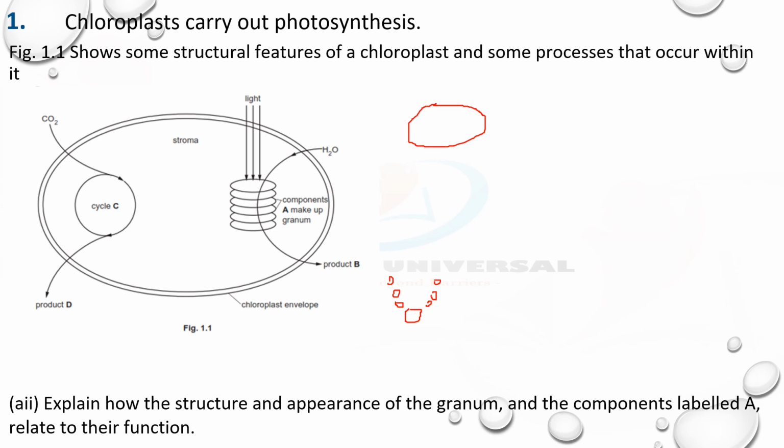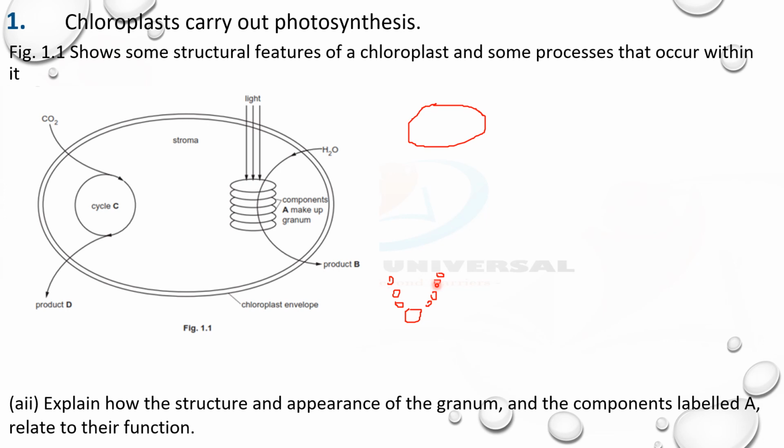This is the light harvesting cluster, the photosystem. These are the antenna complex, which are the accessory pigments. They absorb light and pass it on to the primary pigment to allow photo-excitation and photo-emission of surface electrons to occur, and that leads to photophosphorylation.